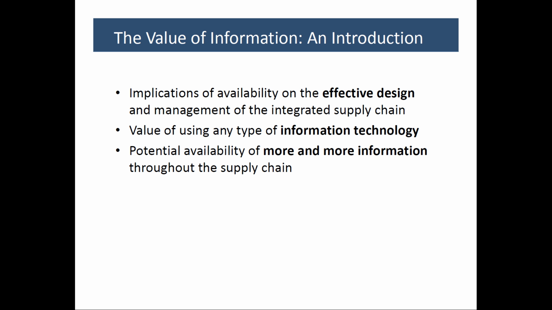When information comes with a value, it also comes with a cost, and we need to balance one against each other in order to appreciate the value of the information. So the implication is of the availability, the effective design, and the management of an integrated supply chain goes along with that.